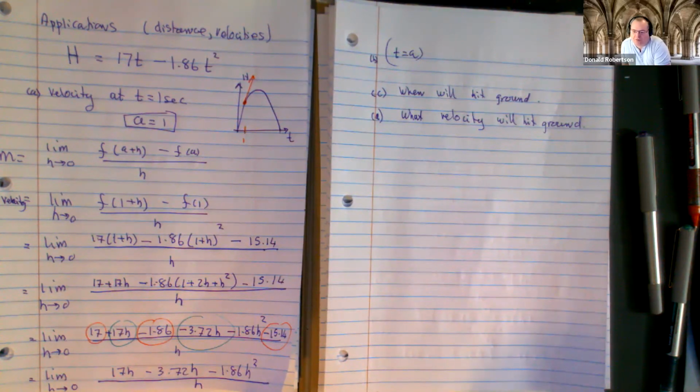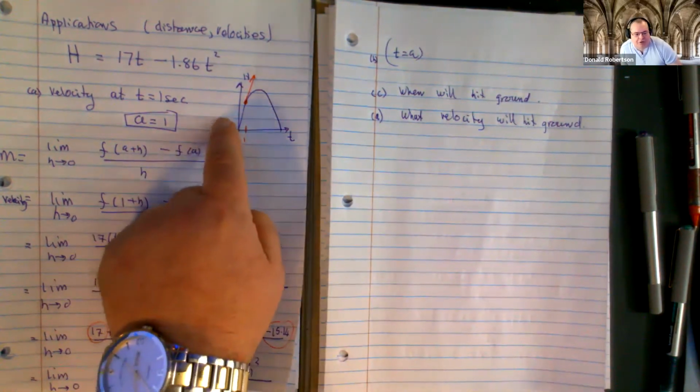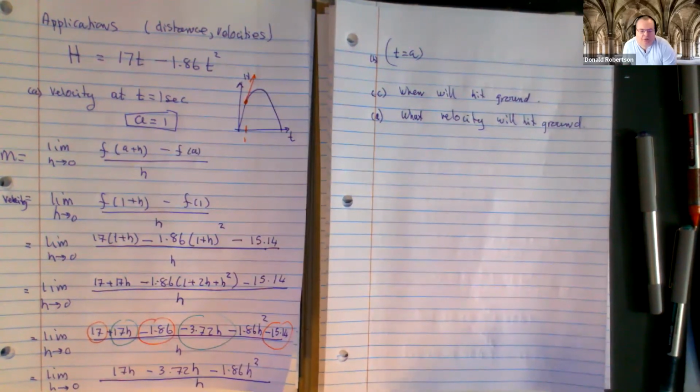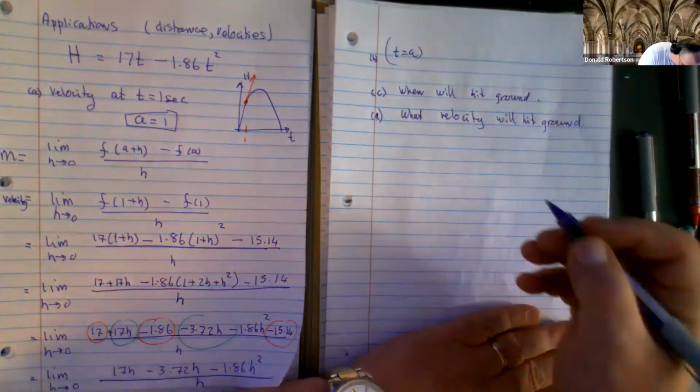You might want to know what velocity it hits, because if it hits with a big one, doesn't that mean that you're probably going to do some damage? And if it hits with a very small velocity, it's not going to do so much damage. So can we imagine this rock being shot out of a cannon, and this is the pathway? Right. Let's find out when it hits the ground.